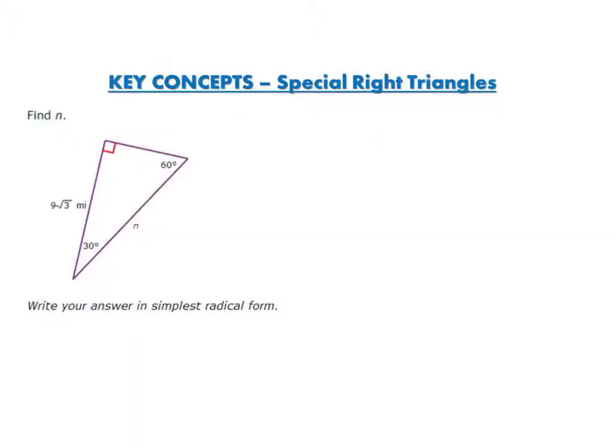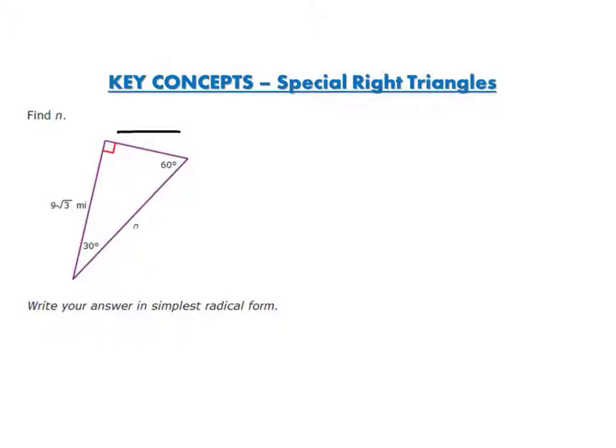Here's the next problem. I'm given the long leg. I know it's the long leg because it's across from the 60-degree angle. They want me to find the hypotenuse. I have to find the short leg before I can do that. So let's take a look at going from the long leg to the short leg.